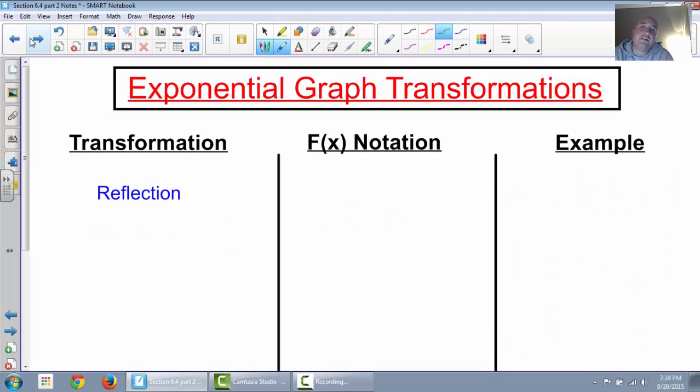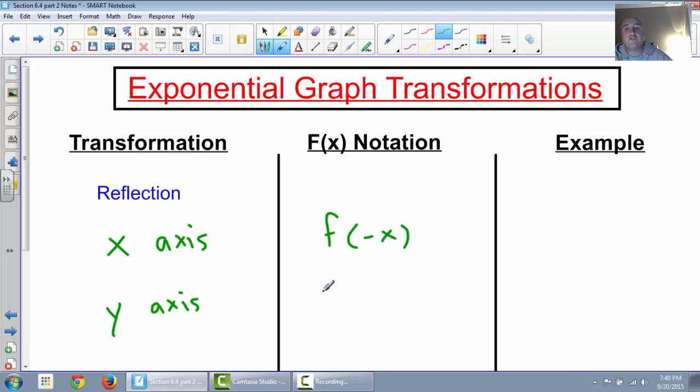All right, so back to this, we have reflection again for the third one. And once again, we have a reflection over the x-axis, and we have a reflection over the y-axis. Okay, the x-axis function notation is we just make the x negative. Okay, for the y-axis, we make the whole function negative. Okay, so we take the whole function and then we add a negative to it.